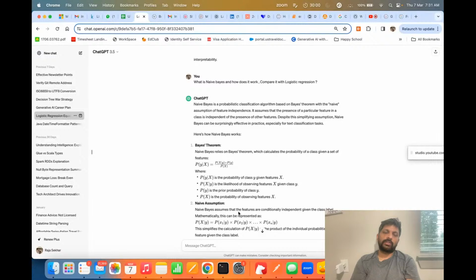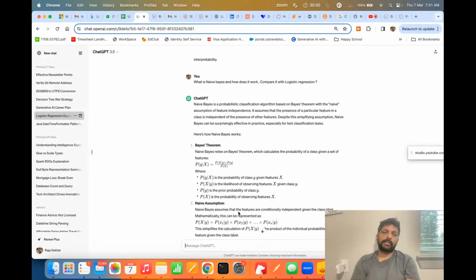That could also be calculated. Then there is the probability of overall class y, and the probability of x is observing feature x.